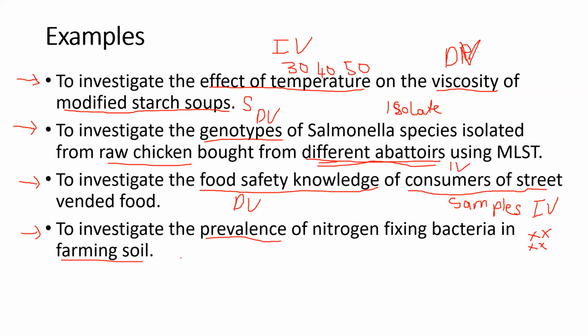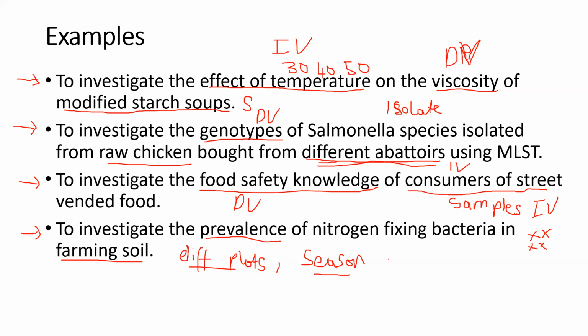We can say farming soil from different plots. Then we have that characteristic that can categorize our samples into groups. Different plots will do that. Then we can have seasons. Maybe the soil samples we took from different seasons. Then it automatically becomes the characteristic that will put our samples into groups.